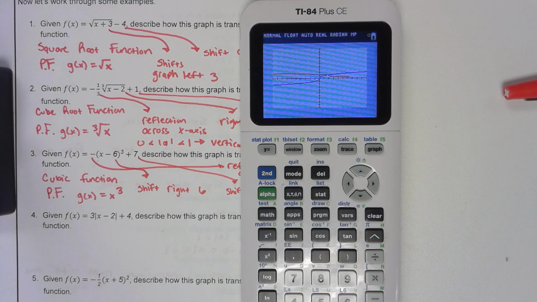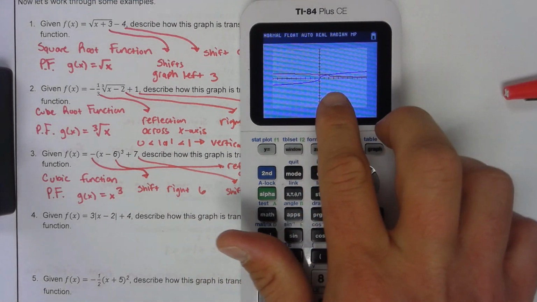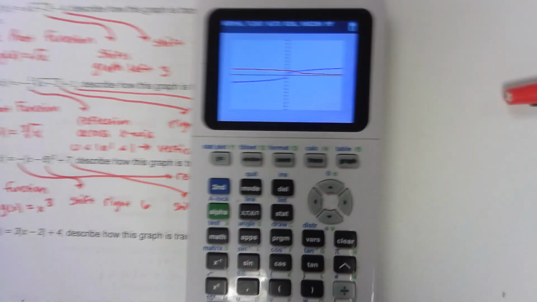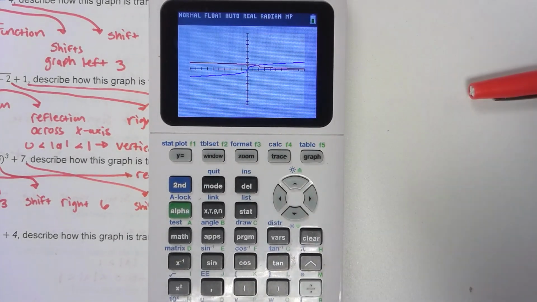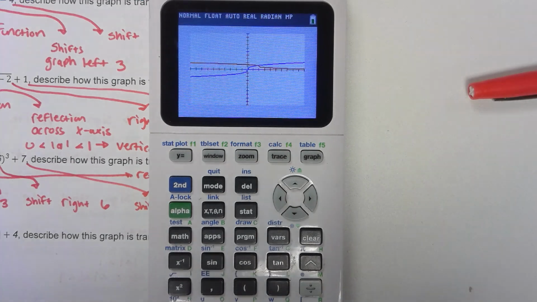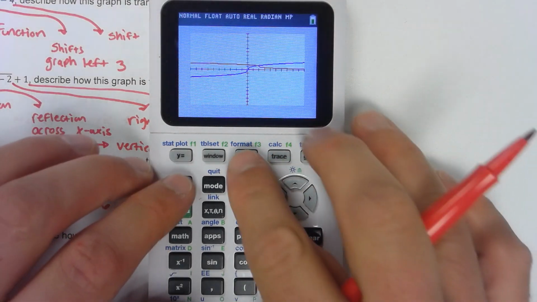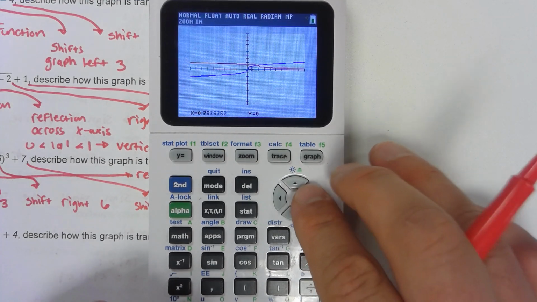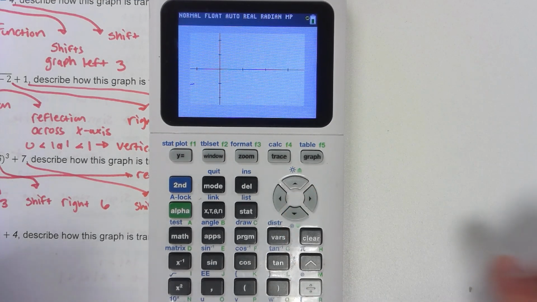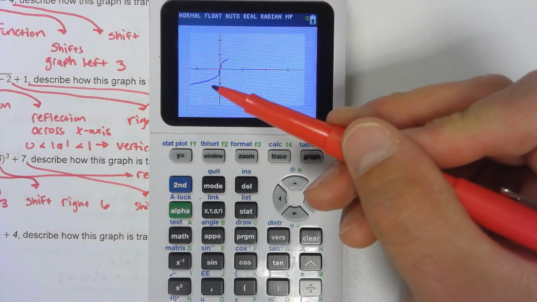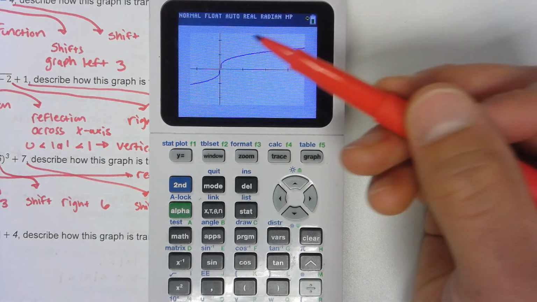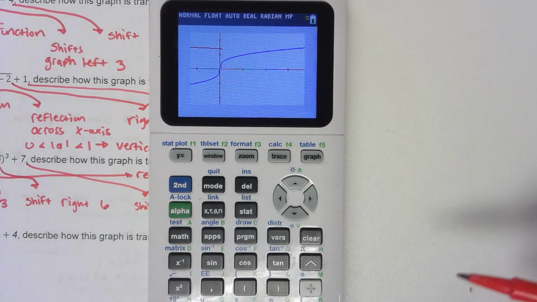So I'm definitely seeing the shifting right. I'm seeing the up. It's moved up a little bit. The compression's hard to see here, right? Because this graph doesn't grow very quickly. But if we were to zoom in on both of these, like right there, you should see this part, this hitch, it's a little steeper in the parent function than what we should see in the transformed function.